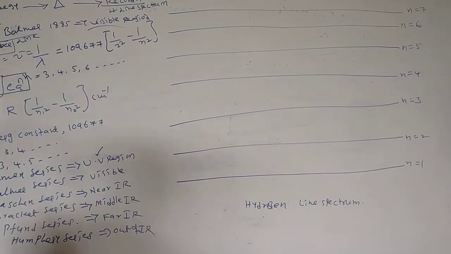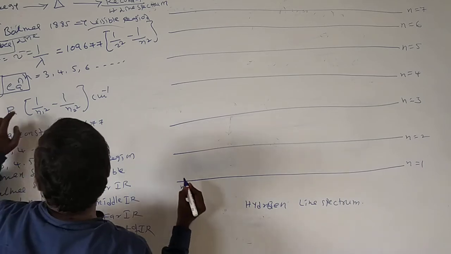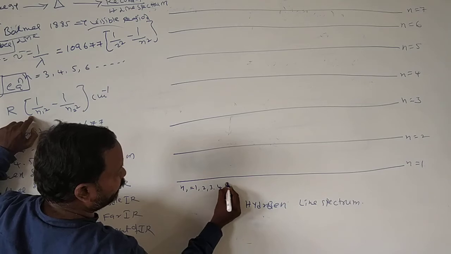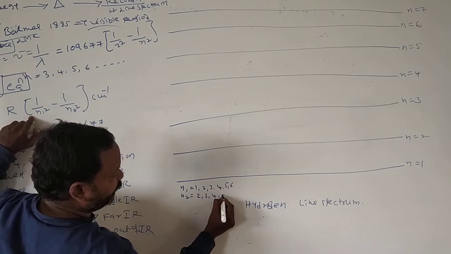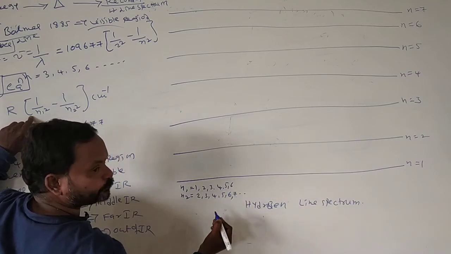When it comes back, it emits the energy and forms this series of lines. Here in this equation, n1 is equal to 1, 2, 3, 4, 5, 6, and n2 is equal to 2, 3, 4, 5, 6, 7, and so on.